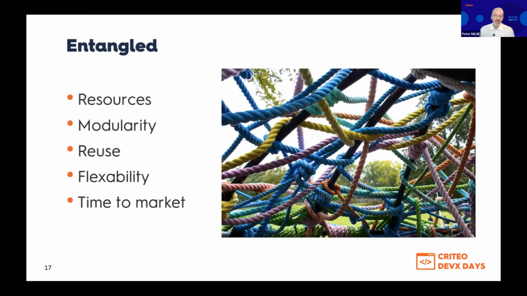Let me talk about entanglement. When you look at this graphic, you see the rope is completely entangled. It's perfectly functional. It does the job it was designed to do, but it's hard to change. In fact, it's not very flexible, and its time to market would be low. Entanglement can be obvious, or it can be implicit.